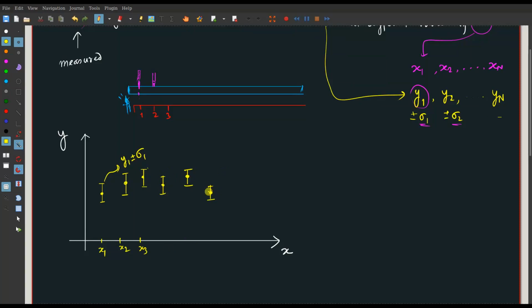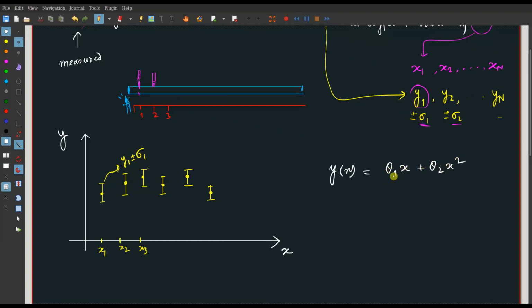Now suppose somebody told you that y has a functional dependence on x as follows. So basically y of x is, let's say, theta 1 x plus theta 2 x squared.